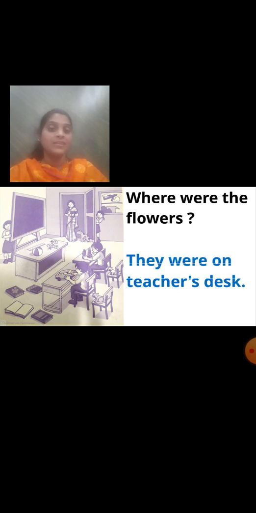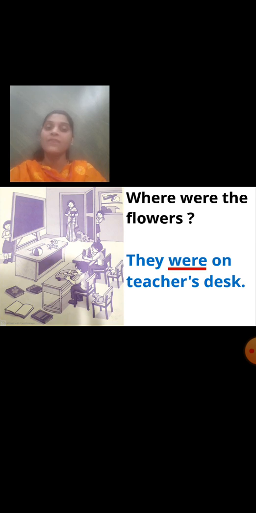Now let's see another question. Where were the flowers? Look at the picture properly. Can you see the flowers? They are there on the table. Yes or no? So how will you write the answer? They were on the teacher's desk.